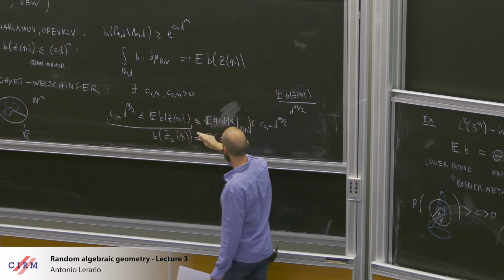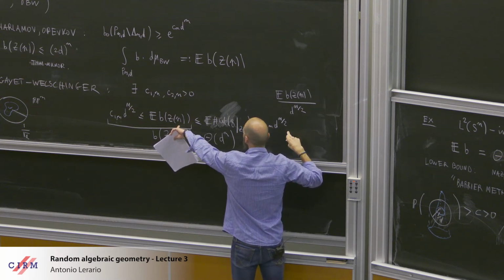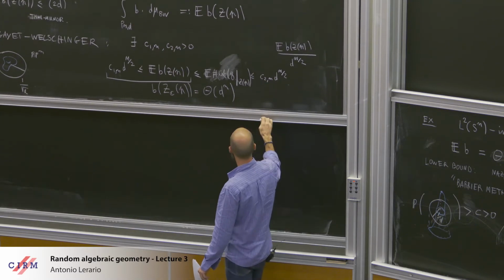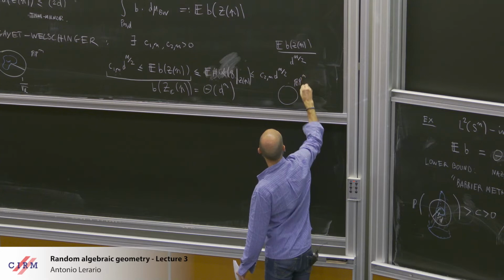So how do they prove this inequality? They first fix some Morse function in your projective space. Let's call it g.